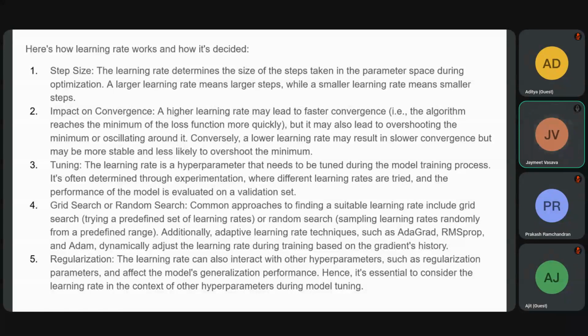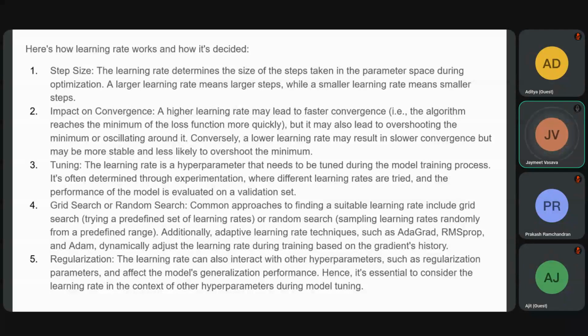Then tuning the hyperparameter is an experimentation thing. We have to go through different iterations, check the performance of the model on the validation dataset, and decide the tuning of the hyperparameters. Then grid search or random search.